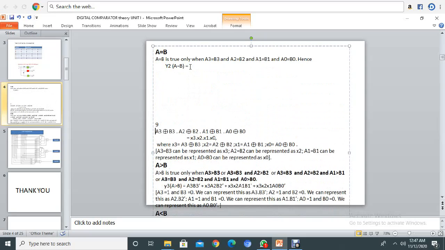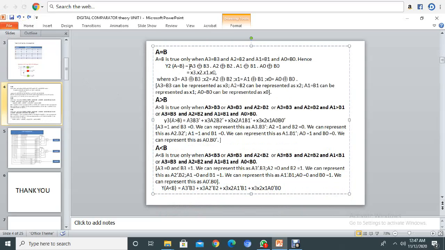So A3 XNOR B3 and A2 XNOR B2 and A1 XNOR B1 and A0 XNOR B0, then Y2 is equal to 1.